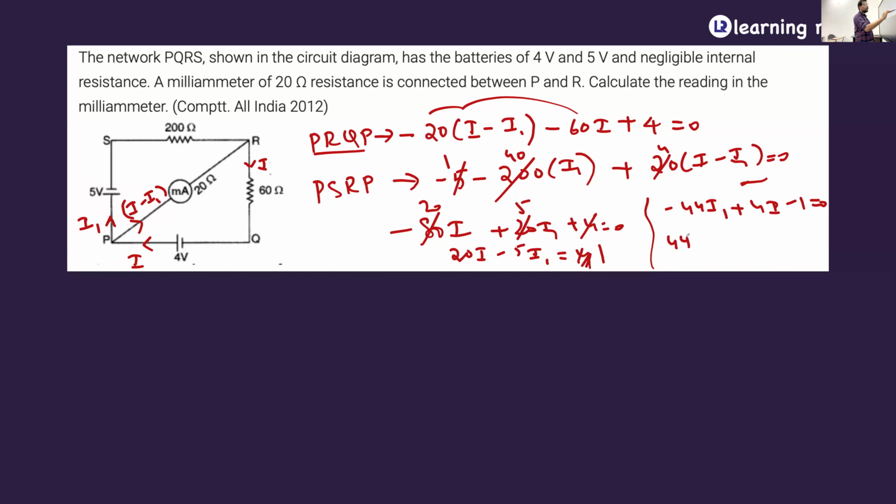So 44I1 minus 4I is equal to minus 1. Subtract both. Not subtract. Multiply this with 5 and then subtract.